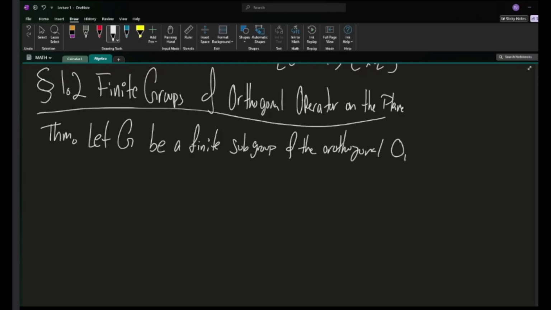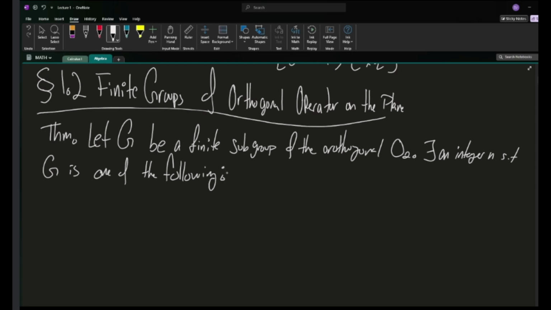So we're going to start defining these terms that I used a bit earlier with dihedral groups, but also something called a cyclic group. There exists an integer n such that G is one of the following. So a cyclic group we're going to denote as Cn, and notice that we're specifically working with two-dimensional orthogonal groups.